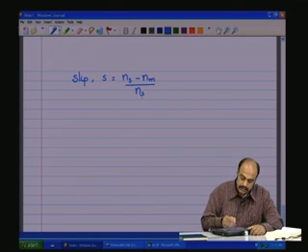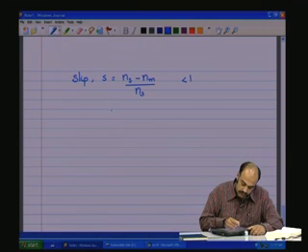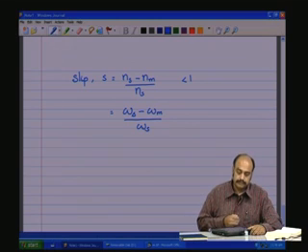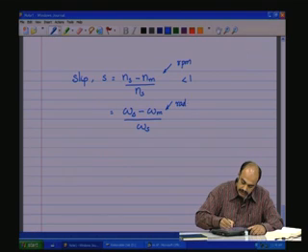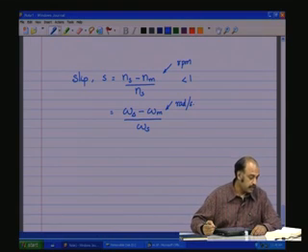And this is always less than 1, because Ns is always greater than Nm. It could also be written as omega s minus omega m in radians per second, divided by omega s, where this is in RPM and this is in radians per second. So this is the slip.